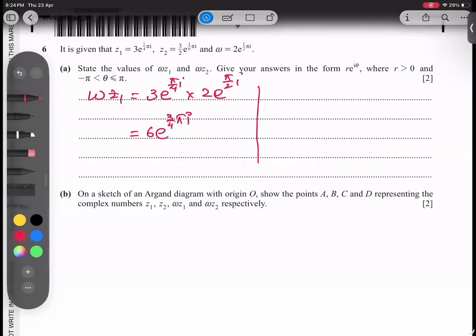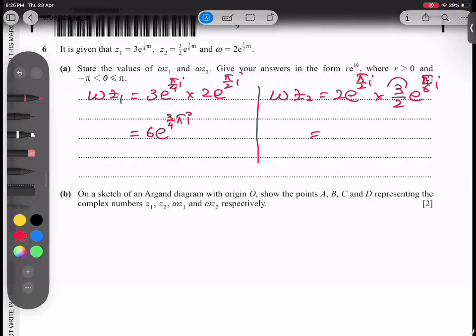Let's talk about the second one, and that is omega Z2. Omega is 2 e to the power pi by 2 iota times 3 by 2 e to the power pi by 6 iota.